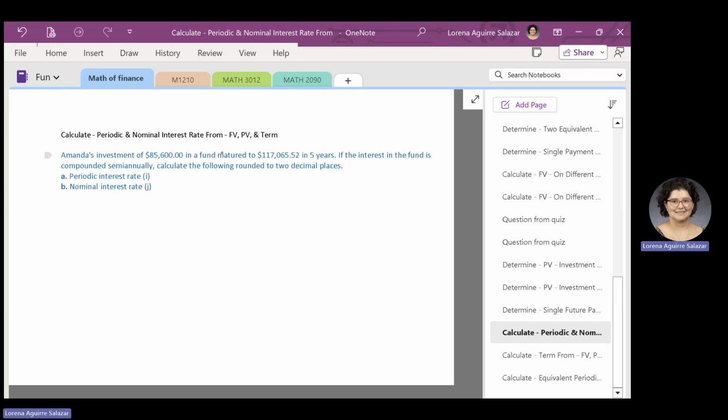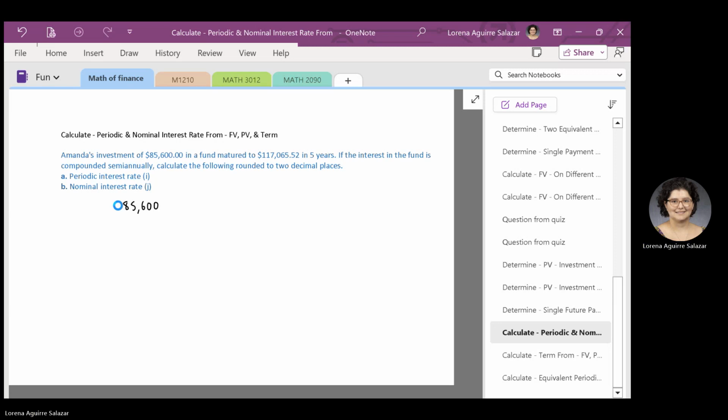The original investment, the $85,600, corresponds to the present value, or PV, of Amanda's investment. Now that principal value is going to be related to this future value of the investment.